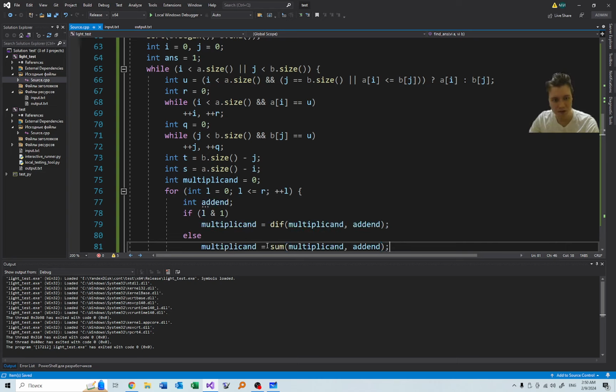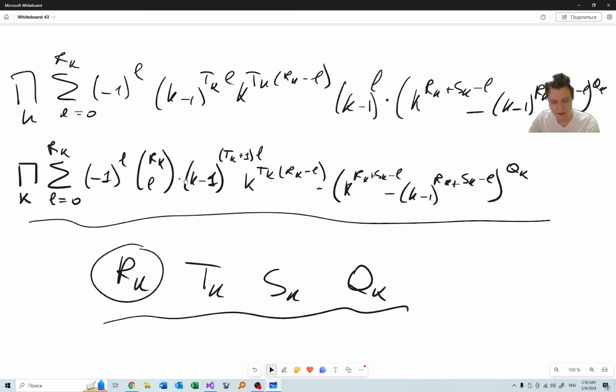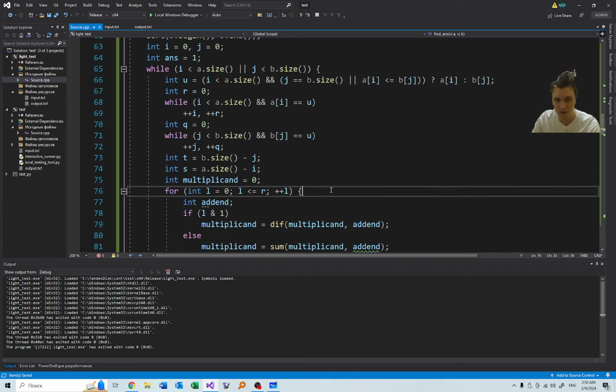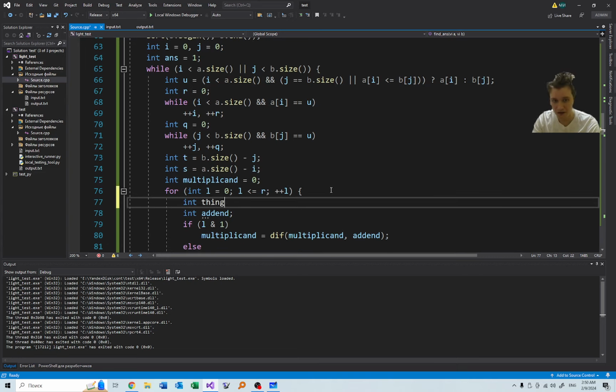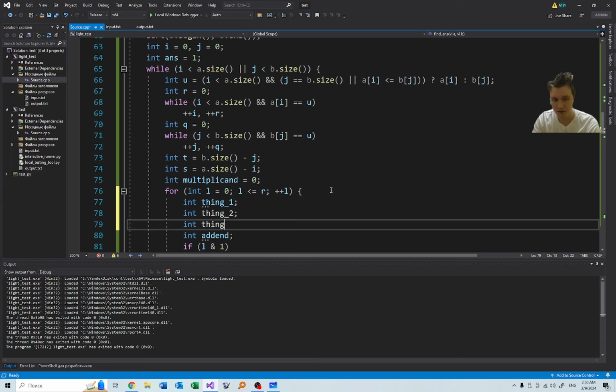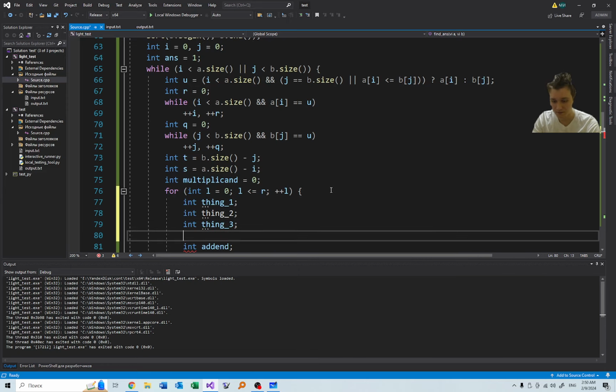So now we need to only calculate this addend, starting with here. And this is straightforward. So let's start. We need to calculate choose. We have 4 things. Int thing 1, thing 2, thing 3, and thing 4.